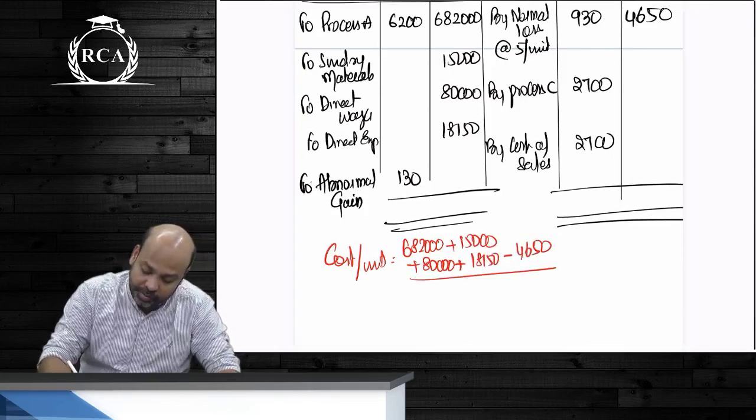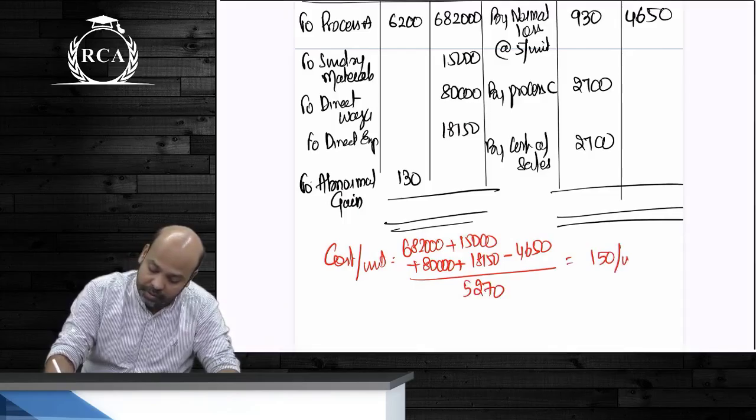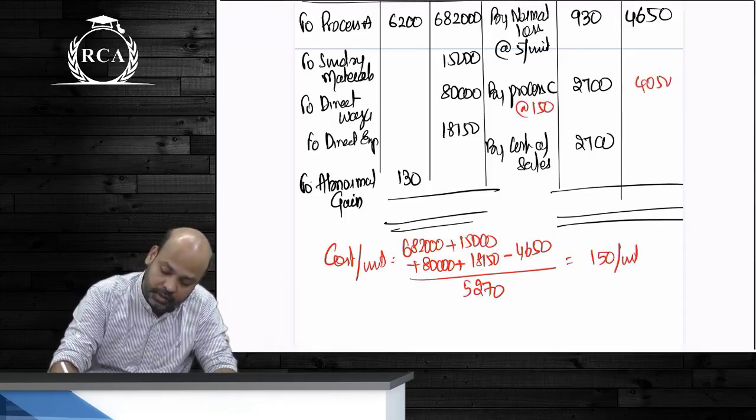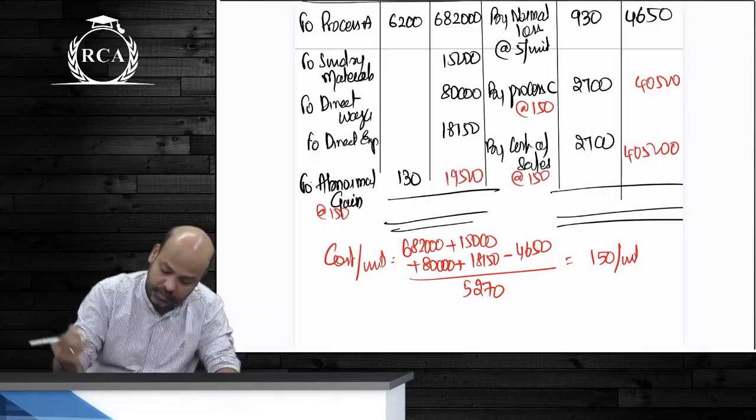Divided by an output of how many units, beta? How much is that? 150 per unit. So this will be at 150 rupees, 4,05,000. This will be at a price of 150, 4,05,000. This will be at a price of 150, 19,000.